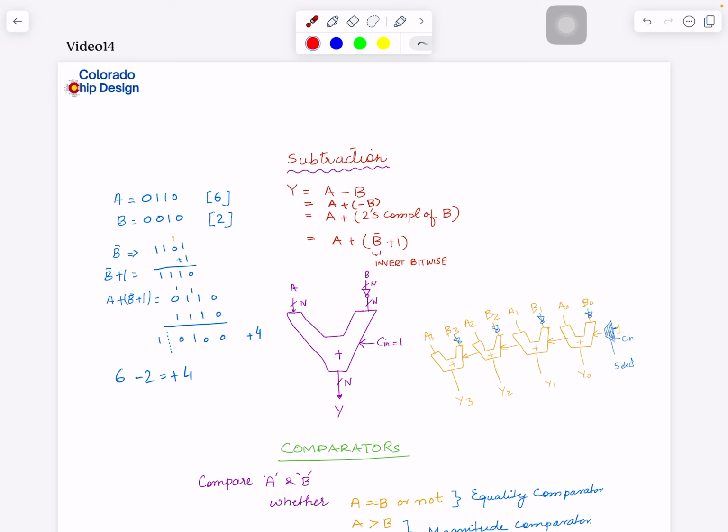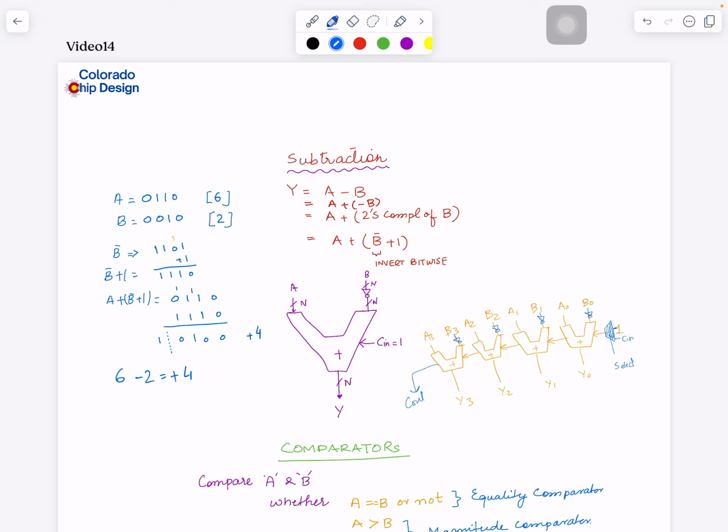Through select, we need to make sure select is set such that this comes here. And then the first 1 comes, so in a way we are adding A plus B dash plus 1. So Y0, Y1, Y2, Y3 will be the right answer. The carry out from here is something we are ignoring and discarding, because we have 4-bit numbers.